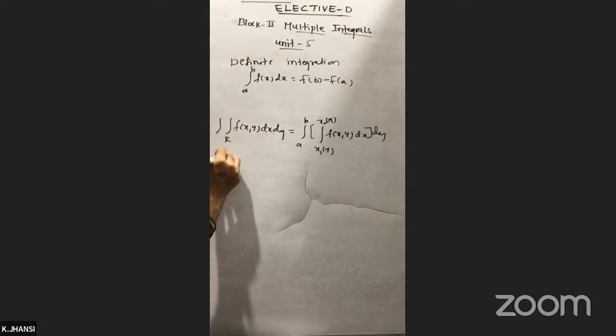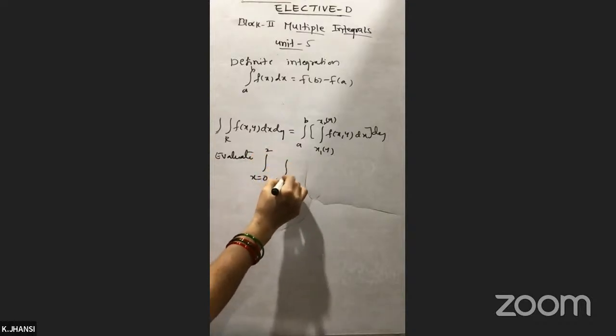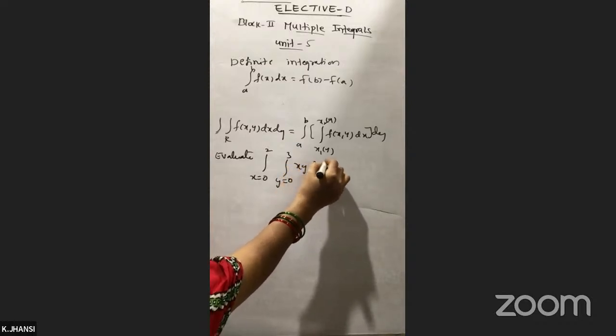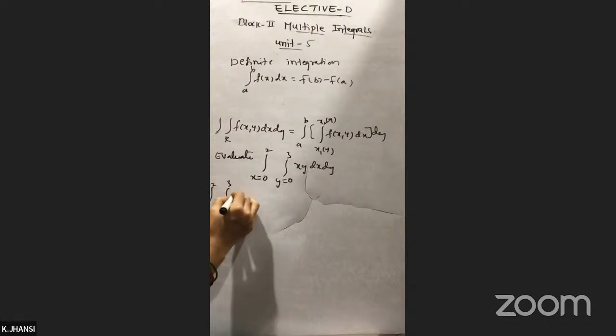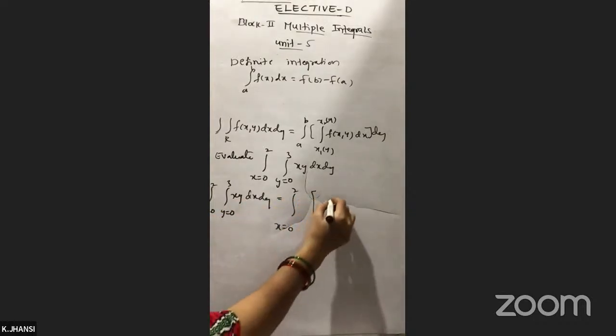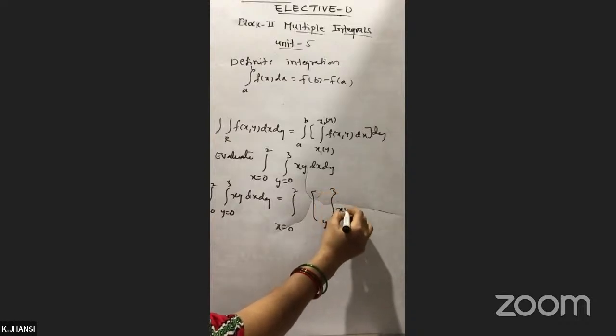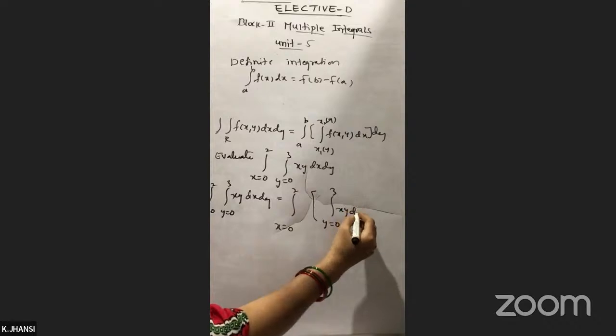So evaluate the double integral with x equals 0 to 2, y equals 0 to 3, of xy dx dy. First you take the x limits, x equals 0 to 2, outside and do the integration for y equals 0 to 3 of xy with respect to y, with the y limits.